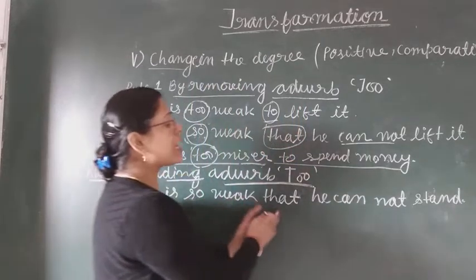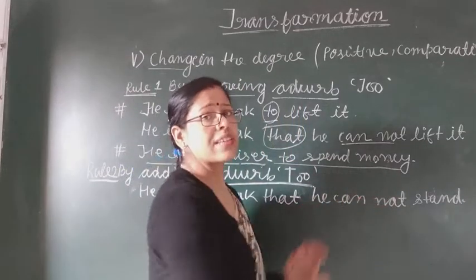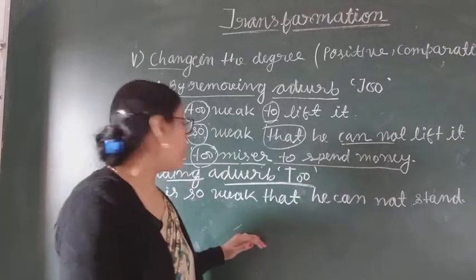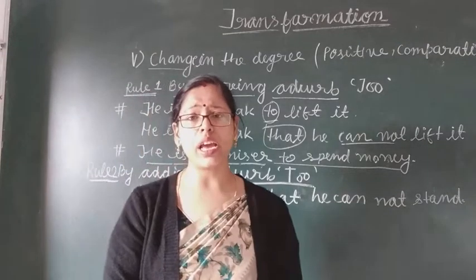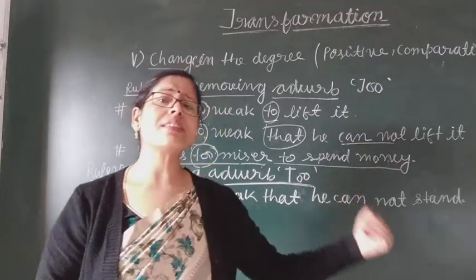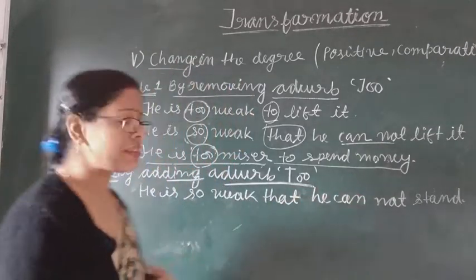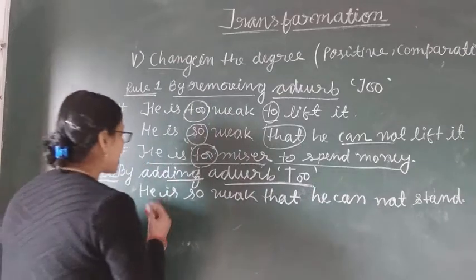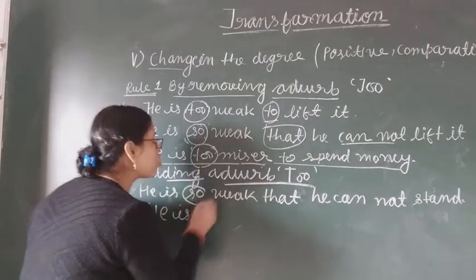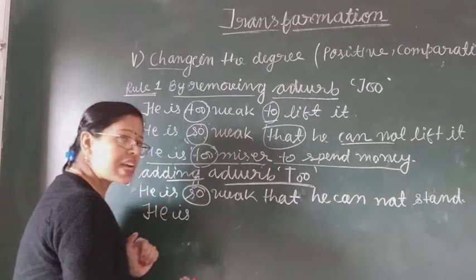Let's see the example: He is so weak that he cannot stand. What does it mean here? वह इतना कमजोर है कि वह खड़ा नहीं हो सकता है. This sentence can also be written like this: He is, in place of so, now what shall we write here?